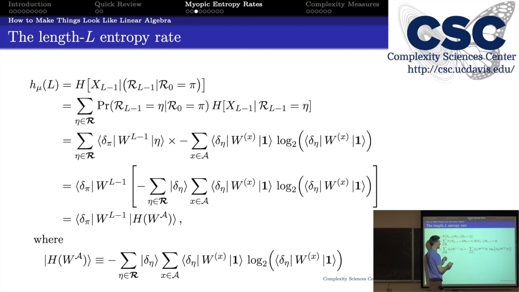So that's this probability. And then we just expand this entropy to say entropies are things like p log p's. And we know how to do probabilities as things like this, which look like linear algebra. So we express the entropy as a p log p, where the probability is, what are we doing? We start at some state eta. So given that we start at some mixed state eta, that's where we start.